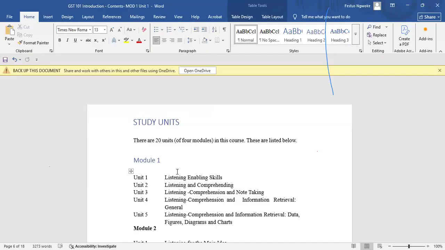So I want to be convinced that at this point you have understood what we mean by listening, or the difference between listening and hearing, which is a basic knowledge required in this course.